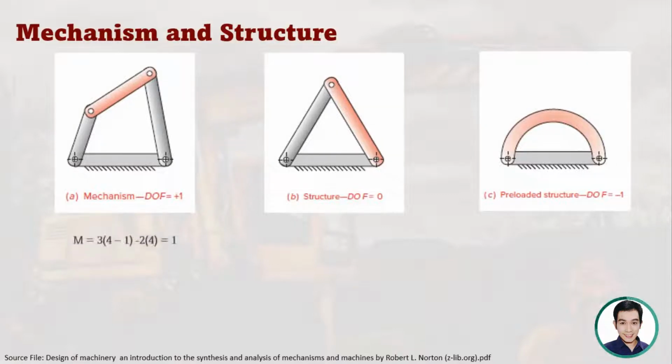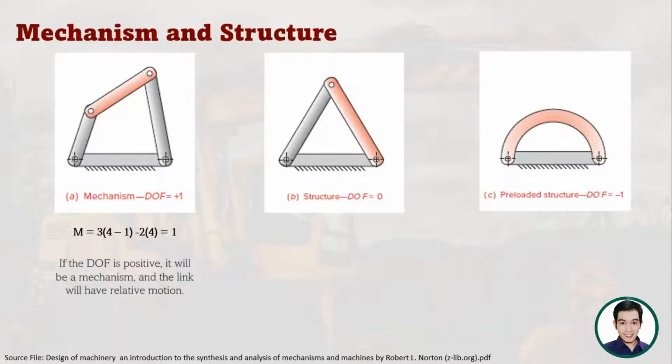Here we are actually using the Grubler's formula, the modified Gruebler's equation. So the mobility is computed as 1. If the mobility is greater than 0, or if it is positive, it will be considered a mechanism, and the links will have relative motion.